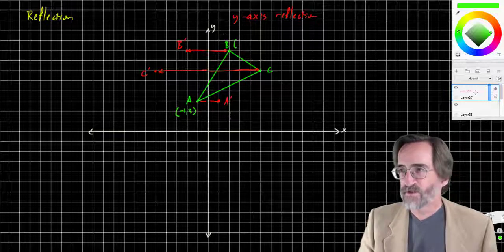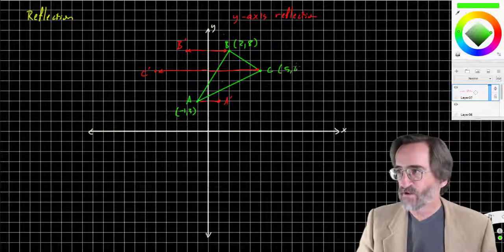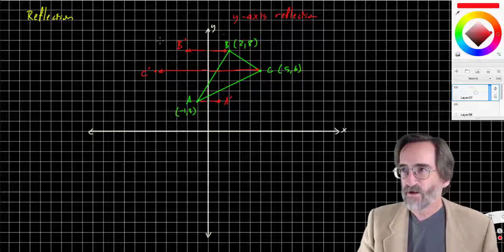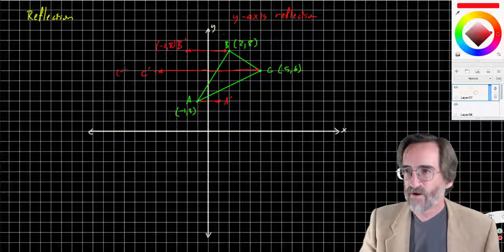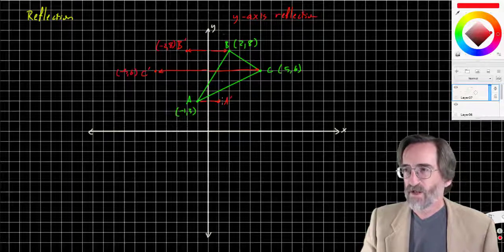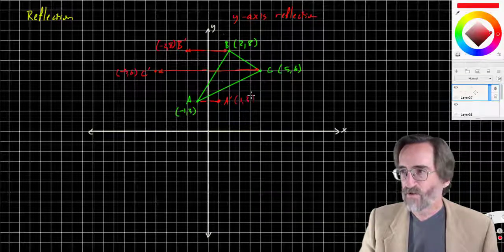C is 5 units to the right of the y-axis, so I'm going to go 1, 2, 3, 4, 5 units to the left to find the image of C, C prime. Now I want you to notice the coordinates here. A was -1, 3. B is 2, 8. C is 5, 6. Now look at the coordinates after reflecting. B prime is now -2, 8. C prime is now -5, 6. And A prime is now 1, 3.